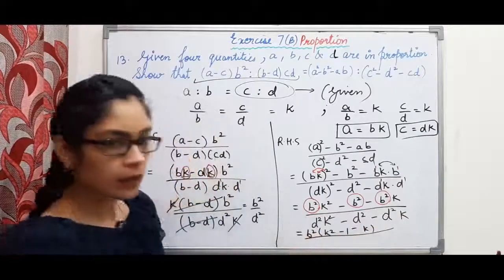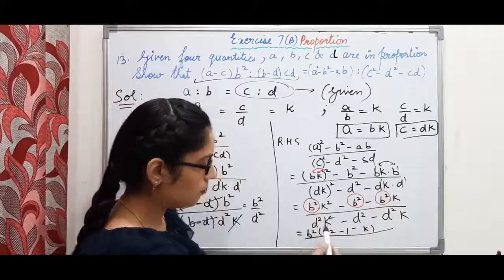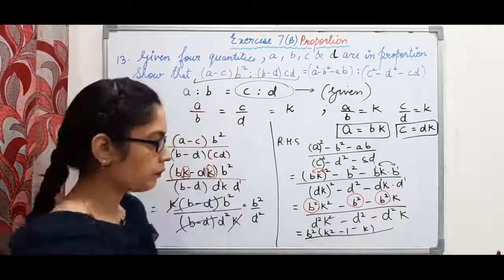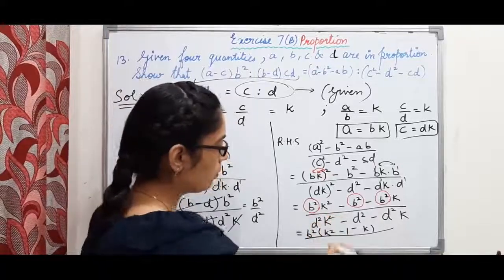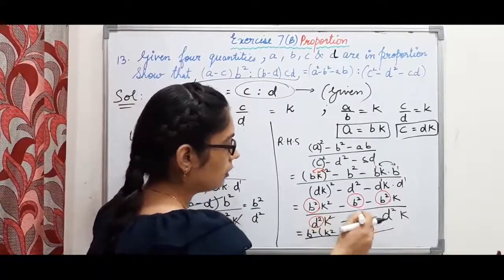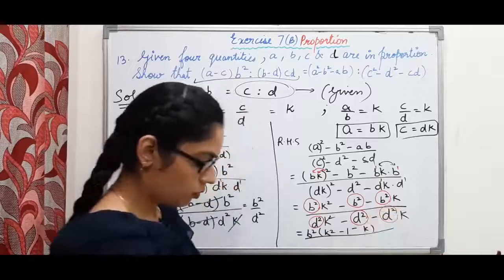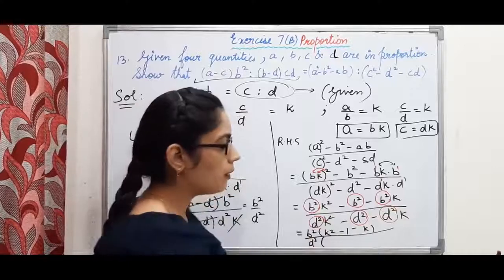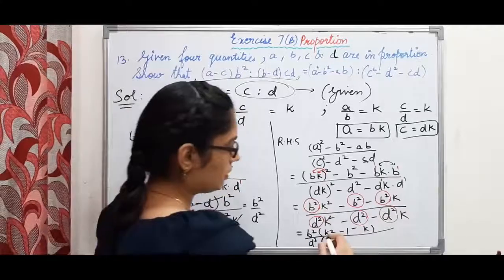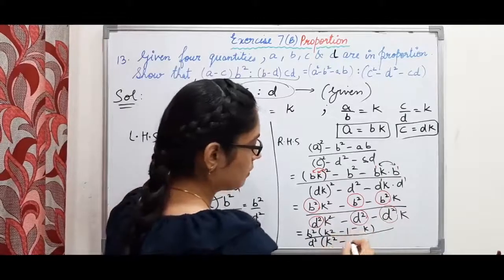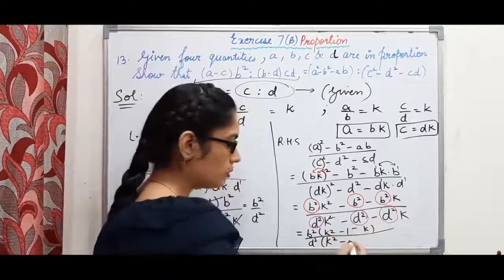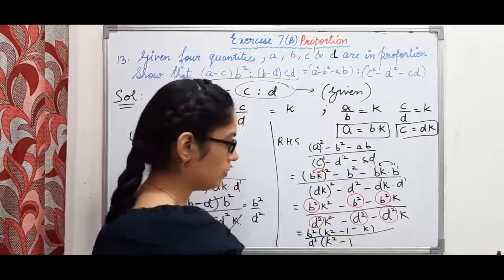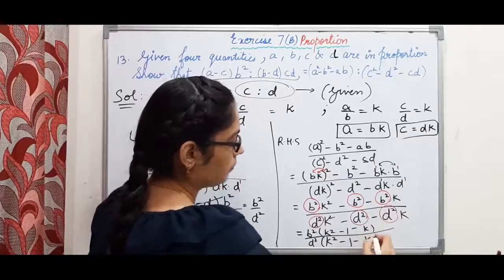See, if you multiply it again it will be the same term, b square k square minus b square k. So that is why we have taken common. So d square is present in all the terms, so same way d square we will take it out. So remaining terms as it is we can write, it is k square minus 1, we have taken d square out, so nothing means only 1 will be there, don't leave it as it is, 1 we have to write, minus k.